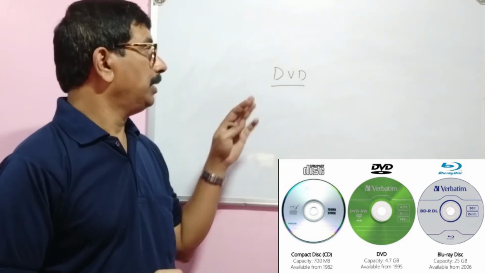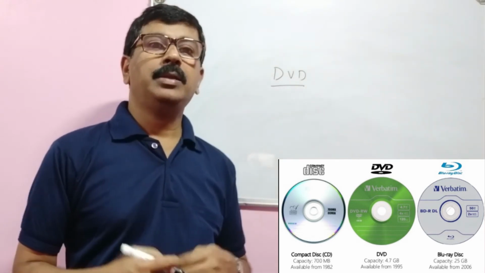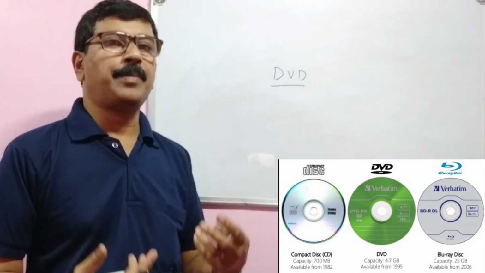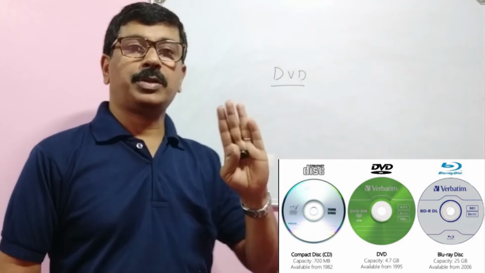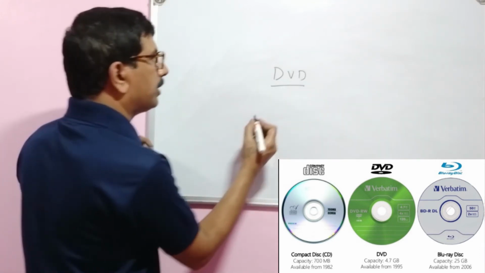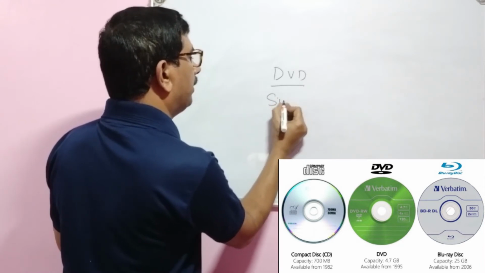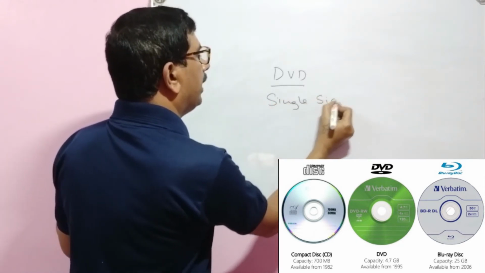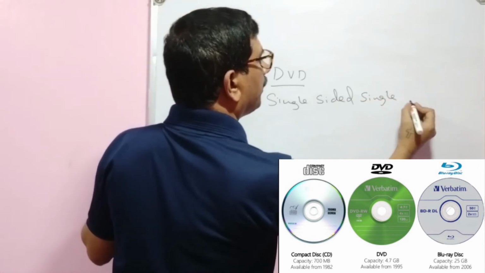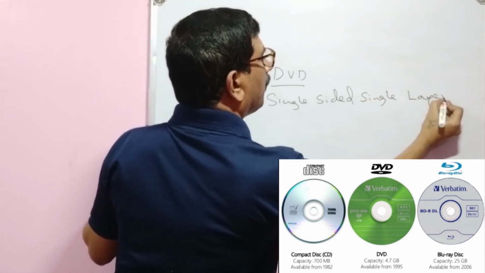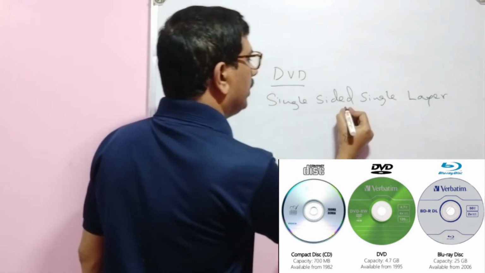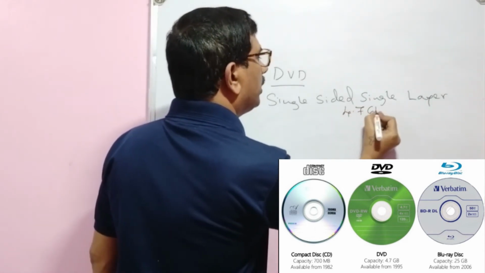This DVD is available in 4 sizes. That means in terms of capacity there are 4 types of DVD. One is single-sided single layer, with a capacity of 4.7 GB.